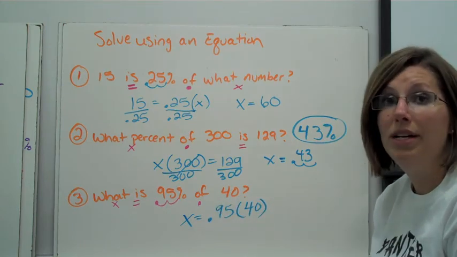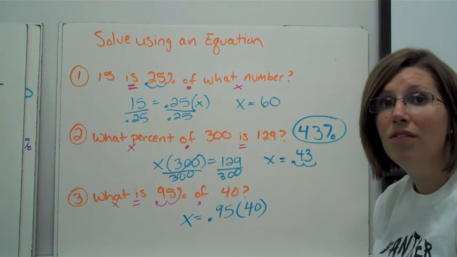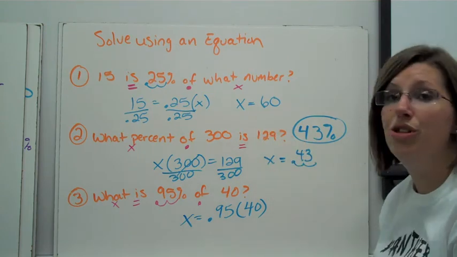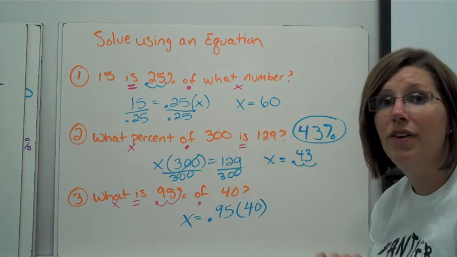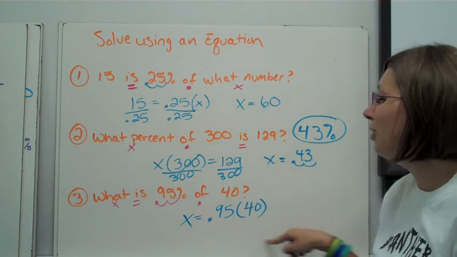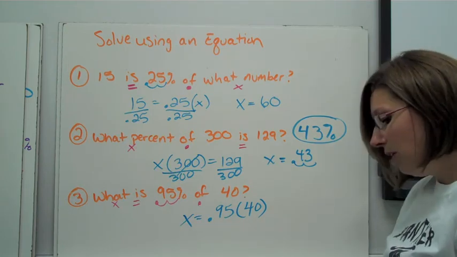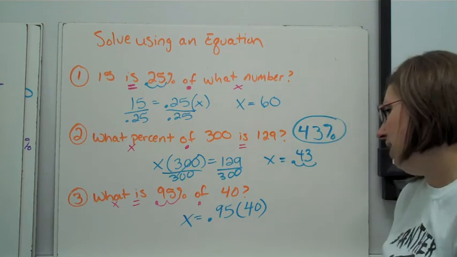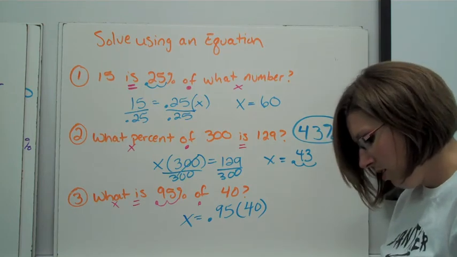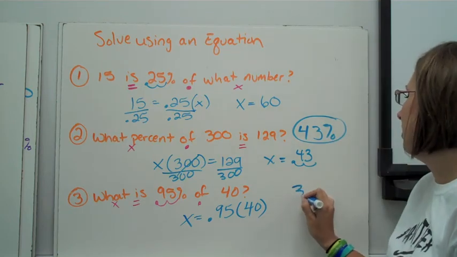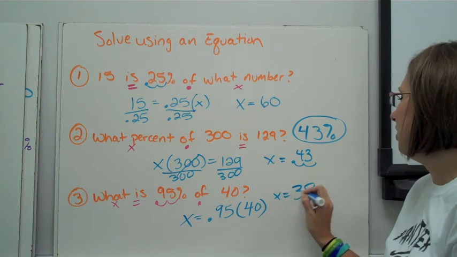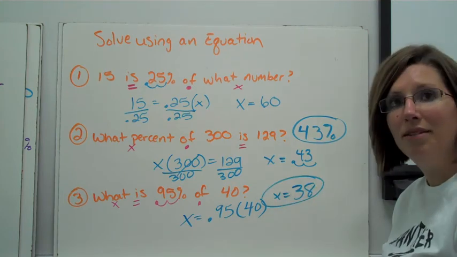In this equation, I don't have to use inverse operations like I did in the previous two problems. This equation is very straightforward. You just multiply. When you multiply 95 hundredths times 40, you get 38. X equals 38. That's your final answer.